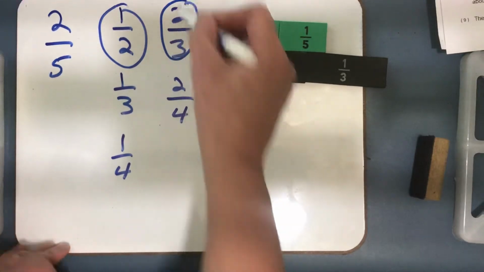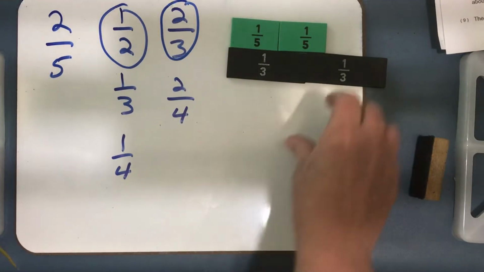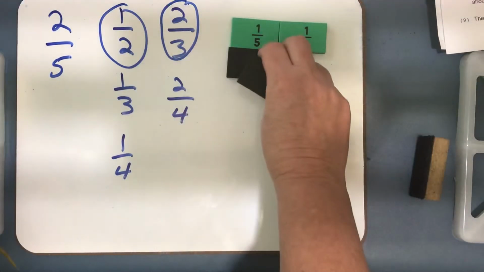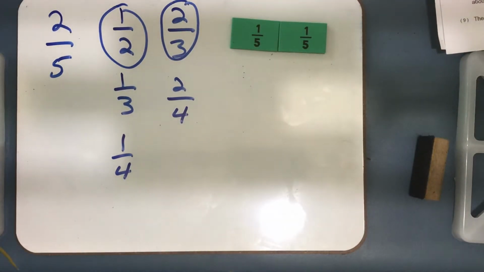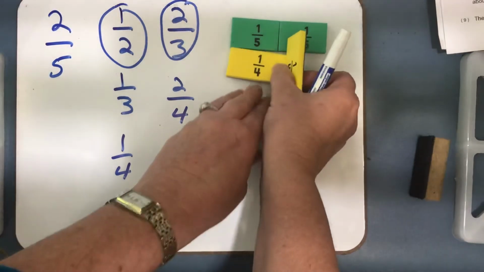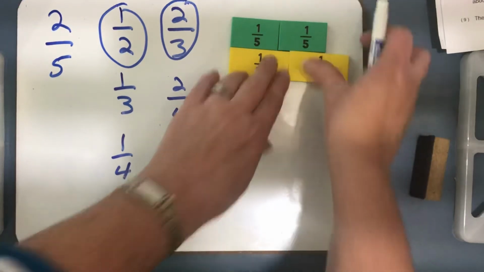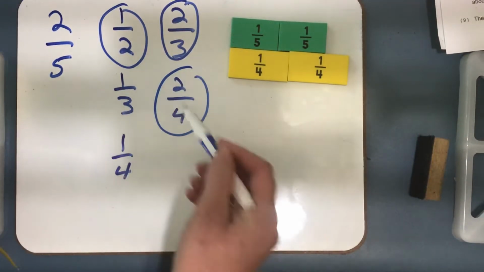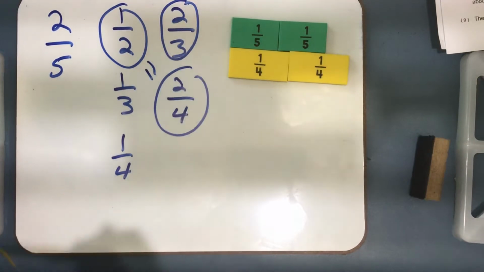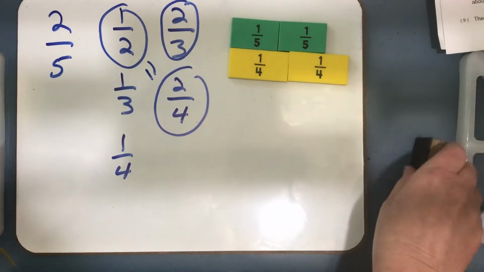Then I have 2/4. Now, I already know that 2/4 is the same as 1/2, which is equivalent, which is greater than 2/5. So 2/4 should be greater, but we'll double check just to show you that 2/4 is greater than 2/5. So it's 1/2, 2/4, these two are equal to each other, and 2/3 are greater than 2/5.